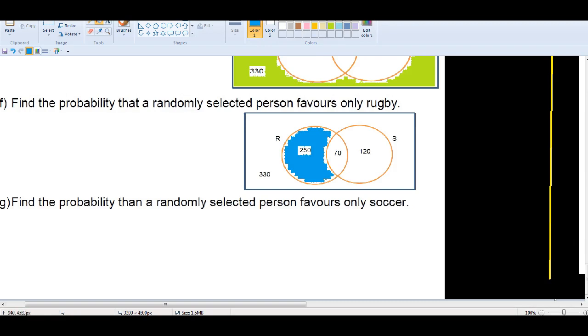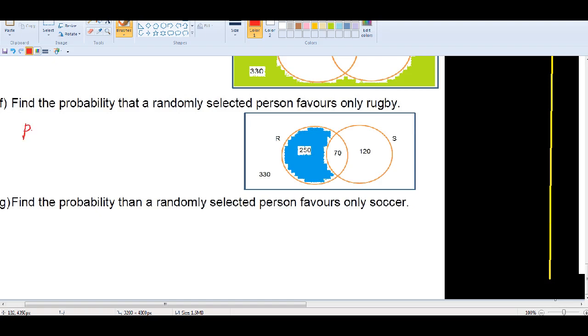If we include that 70, that's a problem because these 70 people also love soccer, so it's not just about only rugby as their interest. So the number we're interested in now should be 250 only.